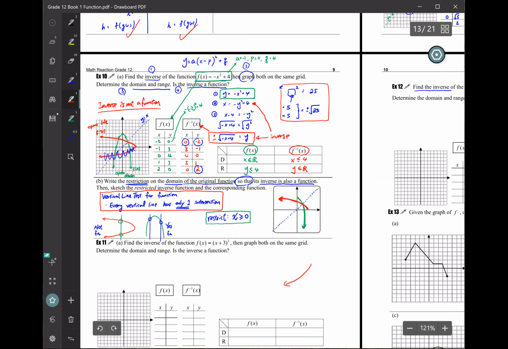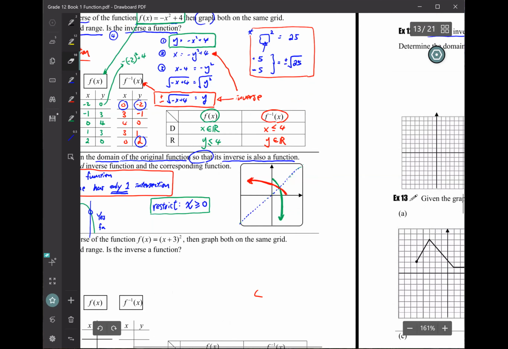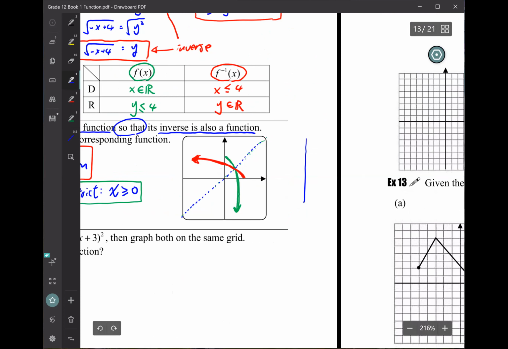Let's say you want to choose to keep the lower half.